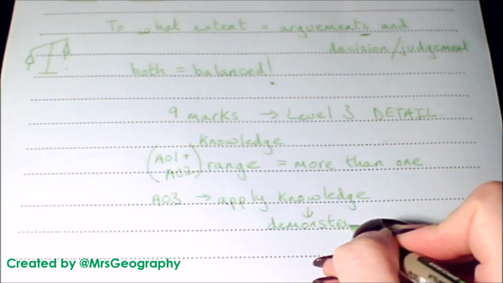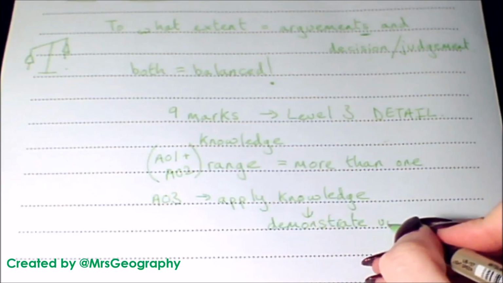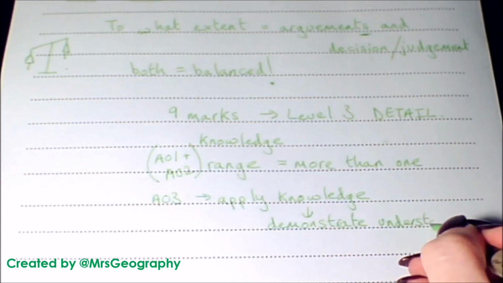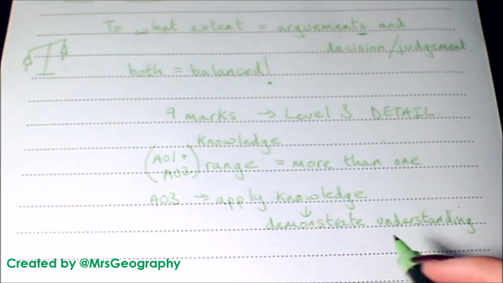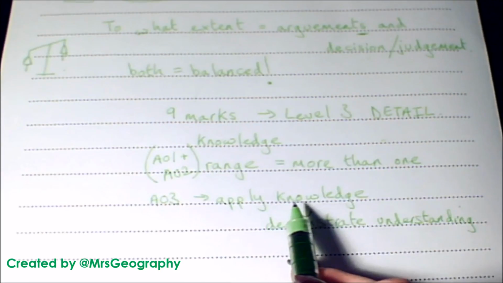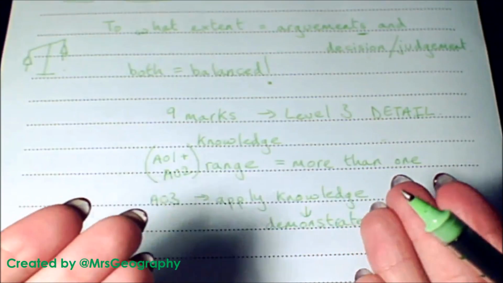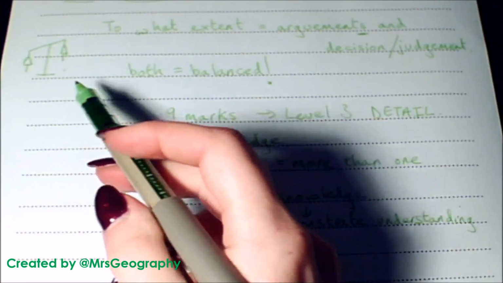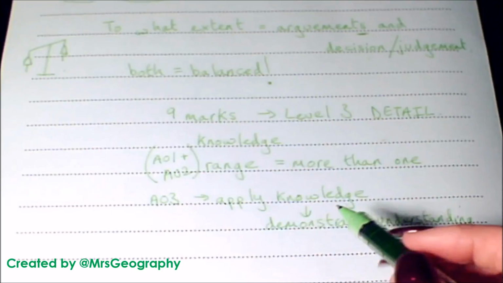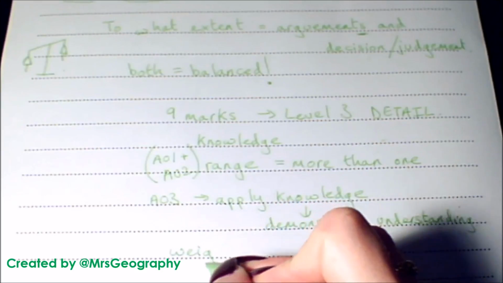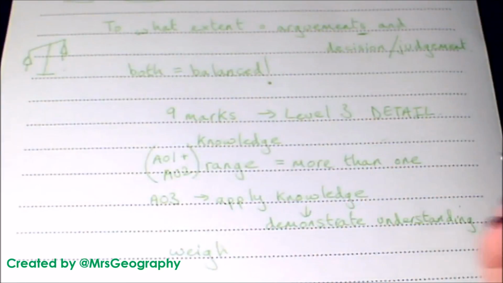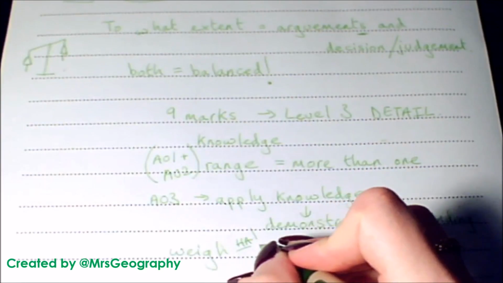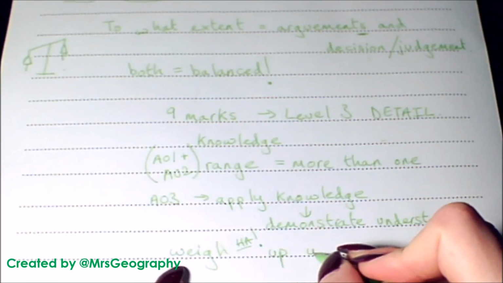So you've got to prove to the examiner, the person who's marking your paper, that you know what you're talking about. And you've got to use your knowledge, so using your balance, remember our scale, and you have got to weigh up. Get it? Scale, weigh. I found it funny. Your argument.